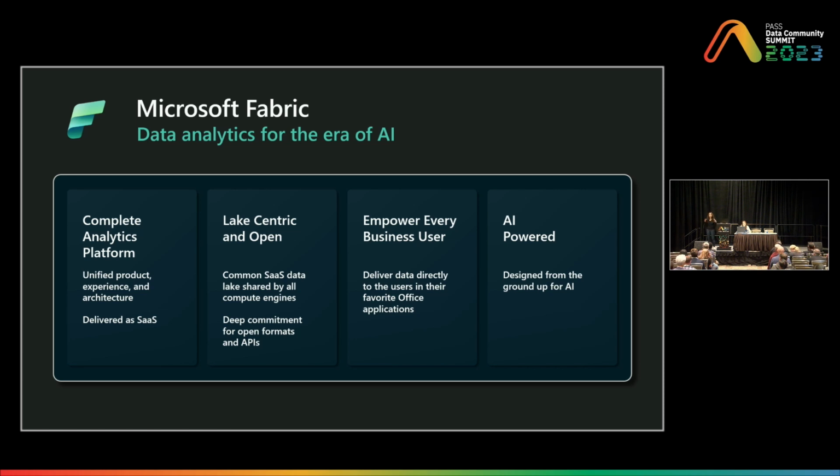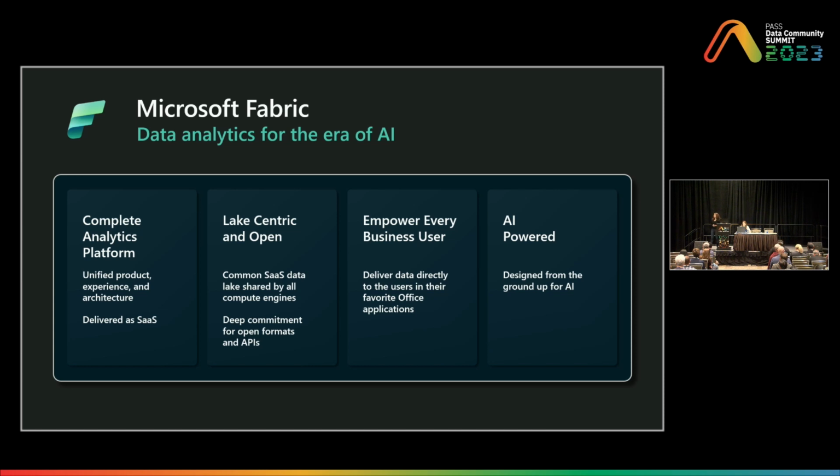All the data is put into a lake. Well, I'll talk more about that. All engines write to the lake, and all engines can read from the lake. So data is stored in an open data format, and we've adopted the Delta standard. And all compute engines know how to read and write the Delta standard.